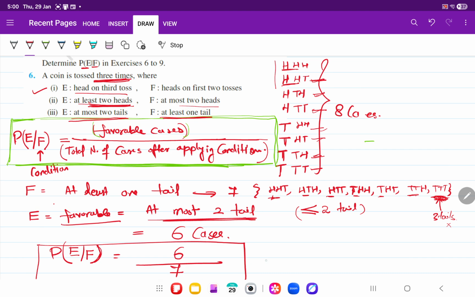You think carefully and do it again. I am using again the same formula, favorable by total number of cases after the condition. The total cases after the condition is 7 here. Correct? 7. And total favorable out of those conditional outcomes is 6. So 6 by 7. See you in the next video. Bye everyone.